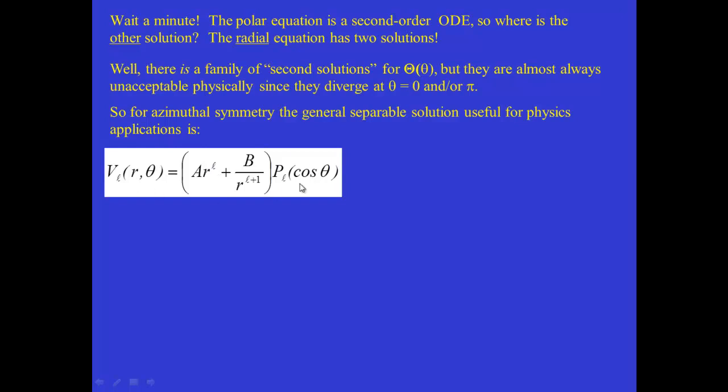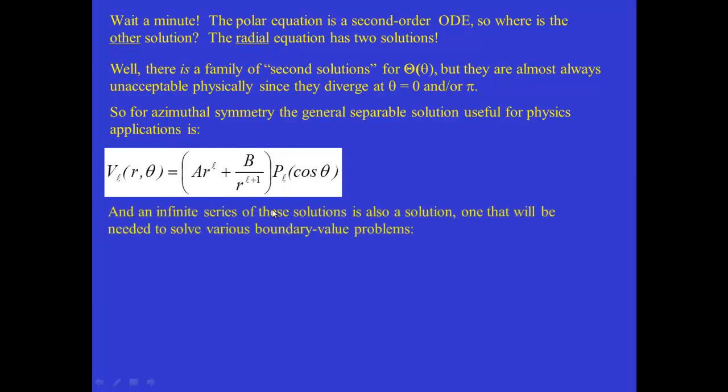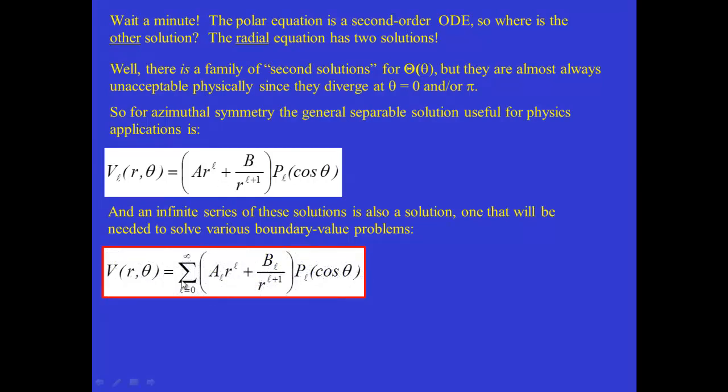We get a whole family of solutions like this. And in order to match the boundary condition of typical physics problems, we will once again have to use an infinite series of these solutions. We'll have to have a sum over all the possible values of the order L, and then use that as the most general kind of solution that we can use to match the boundaries.